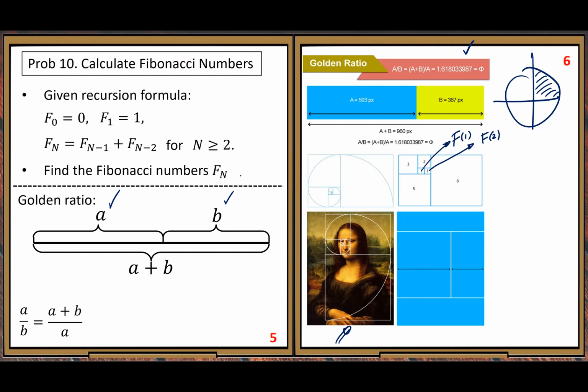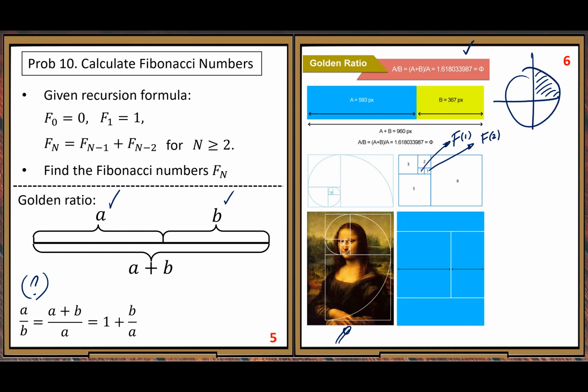Why do people make this assumption? Because they feel this is a natural, beautiful way to connect these line segments.